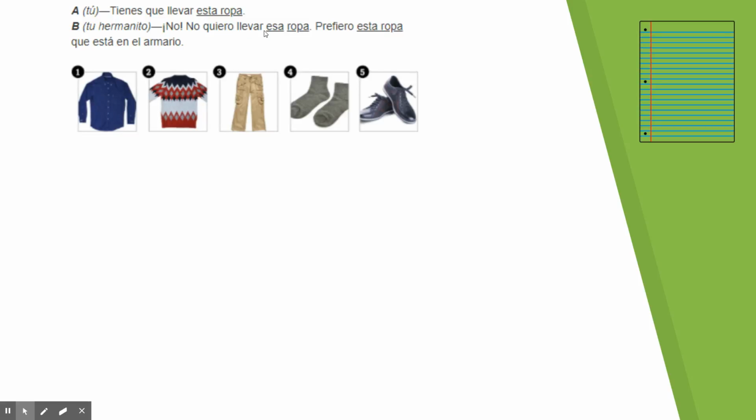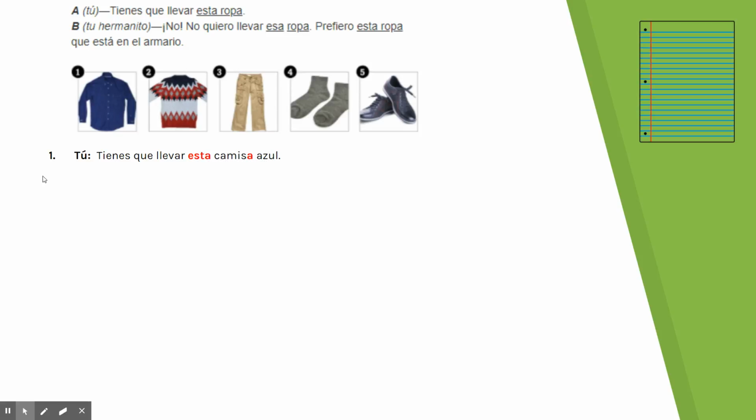So your little brother is going to say, I don't want to wear that, whatever it is you give him. I prefer this. So, based on number 1, this is a camisa. So my sentence to my brother would be, tienes que, you have to, tienes que llevar esta camisa azul, this blue shirt.